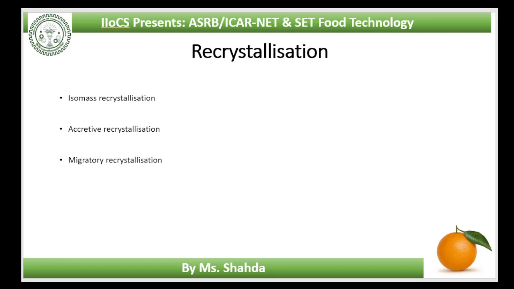Accretive recrystallization: two adjacent ice crystals join together to form a larger crystal and cause an overall reduction in the number of crystals in the food. Migratory recrystallization: this is an increase in the average size and reduction in the average number of crystals caused by growth of large crystals at the expense of smaller crystals.